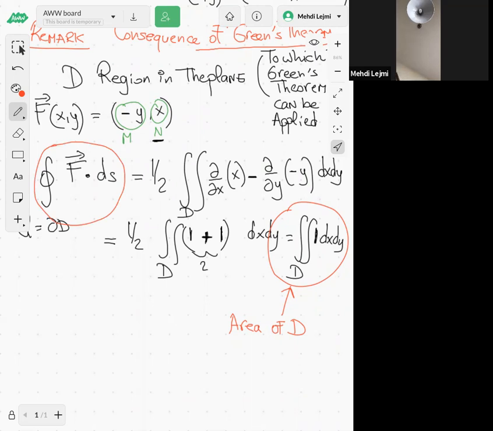So this is the two-dimensional area of D, and this vector line integral, well, it's called a line, so it's a one-dimensional notion.